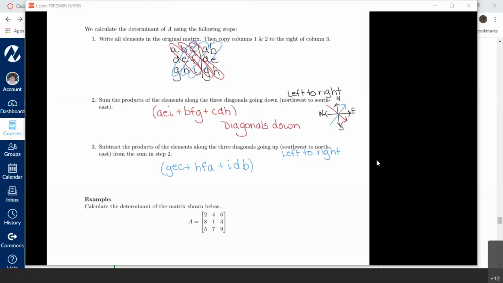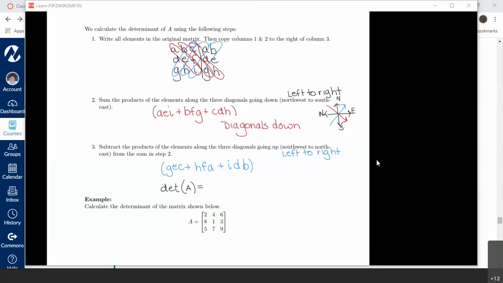And if you wanted to actually find the determinant of that matrix, and I'm trying to see, did I call it something? Yeah, I called it A. What would that be?